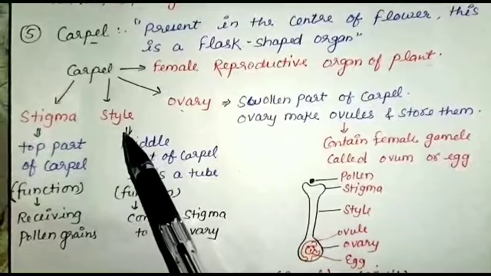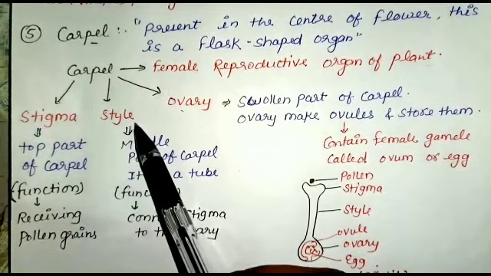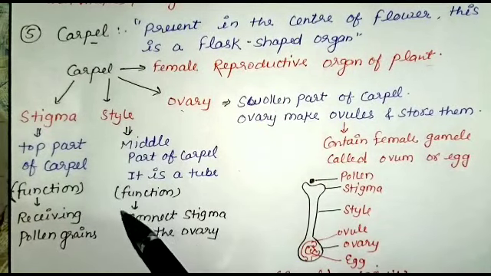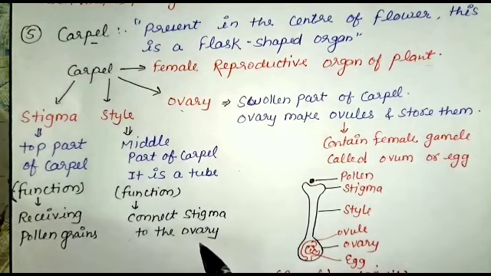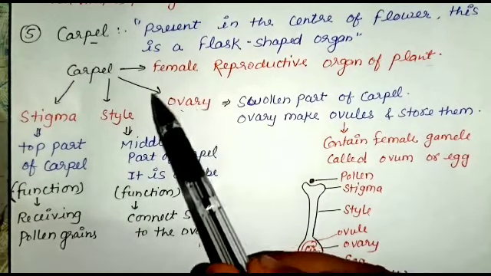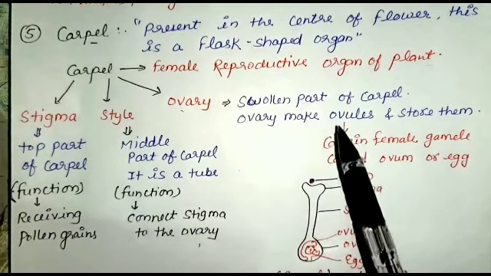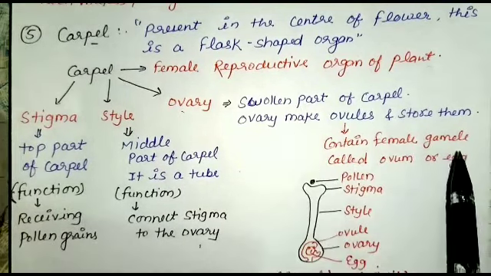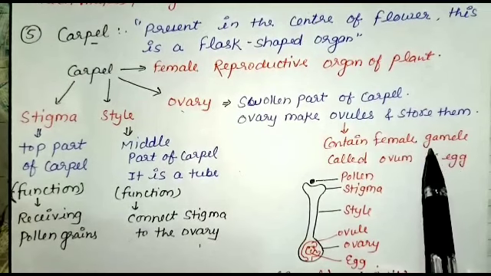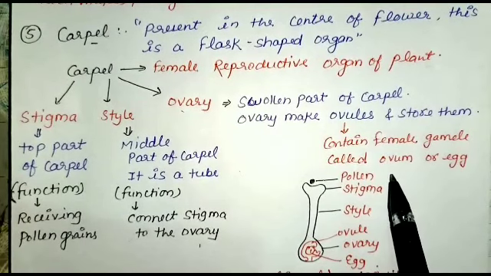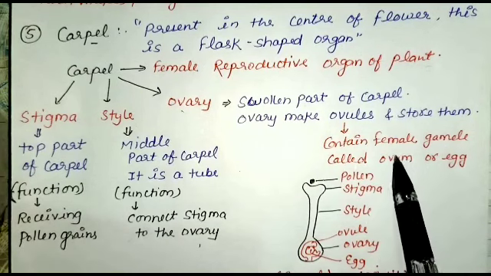The middle part of the carpel is called the style. Style is a tube which connects the stigma to the ovary. The swollen part at the bottom of the carpel is called the ovary. The ovary makes ovules and stores them. Ovule contains the female gamete of the plant. There are usually many ovules in the ovary. Each ovule contains only one female gamete of the plant.